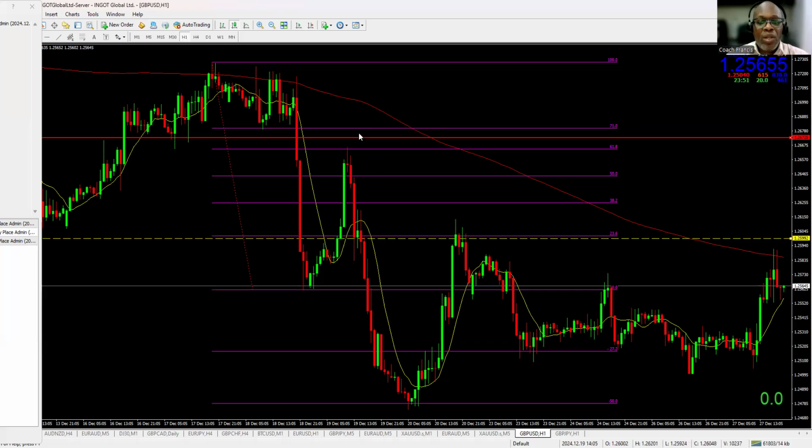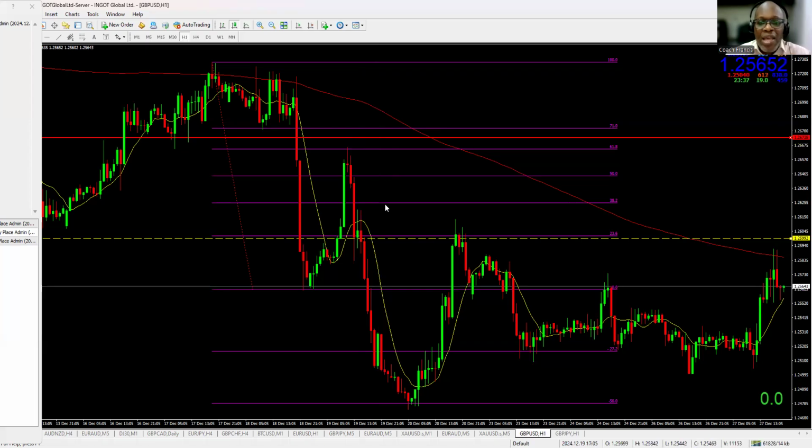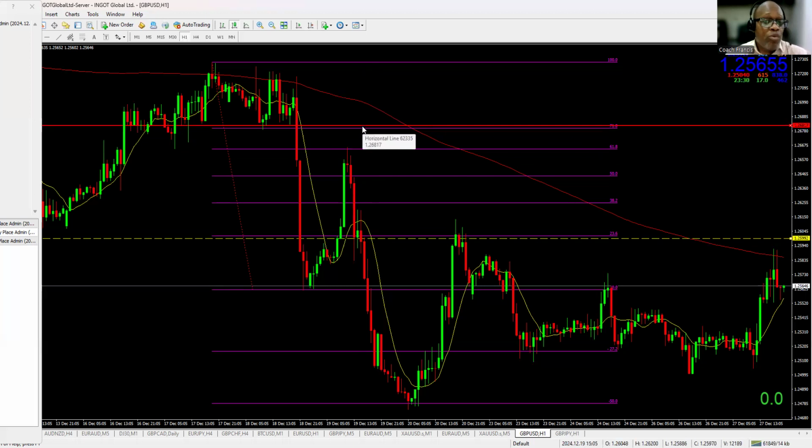Place your stop loss at the top there, above the previous swing. Like we did earlier on, I used the average true range. But otherwise, what people would normally do, they would use maybe the 71. You could place it at the 71 level. That would be where your stop would be.